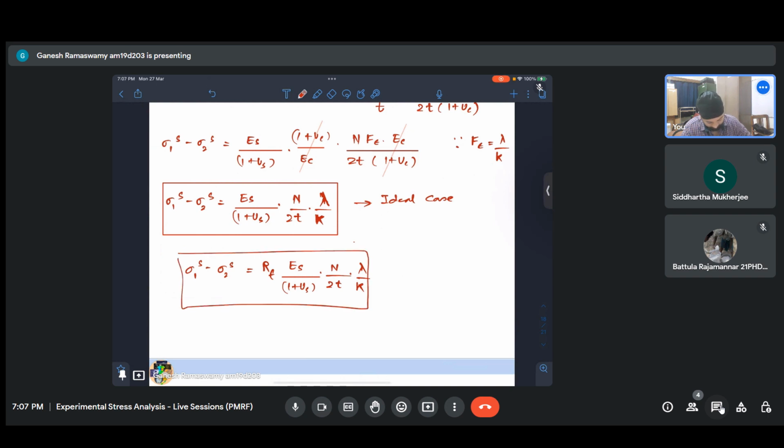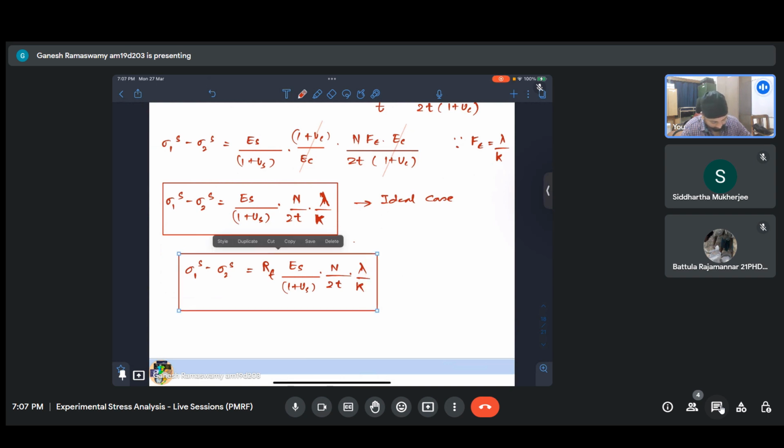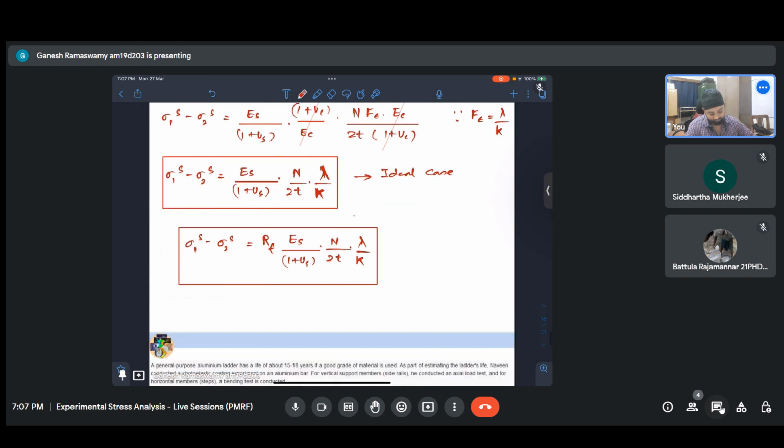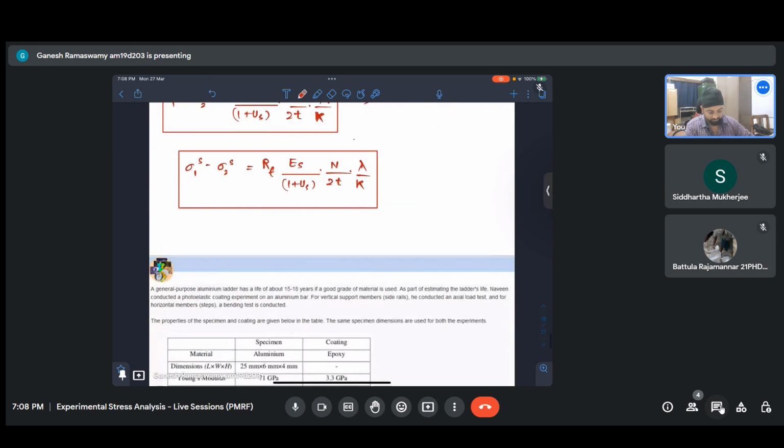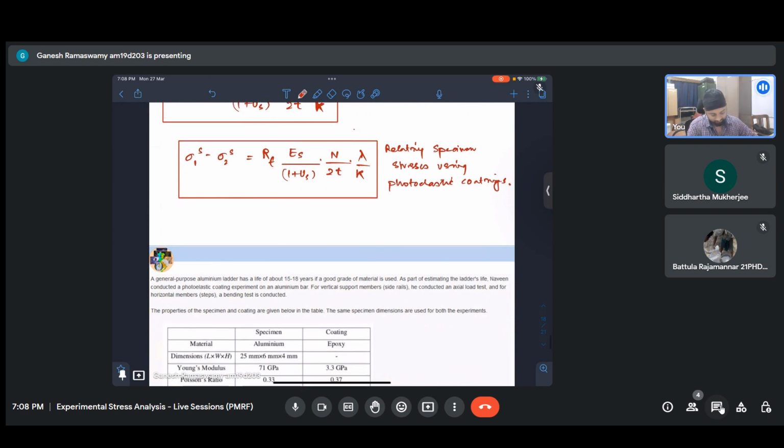This is what we'll be using. Okay, so this is relating stresses using photoelastic coatings. So I hope that is clear. So anyway, let us look at the question now.